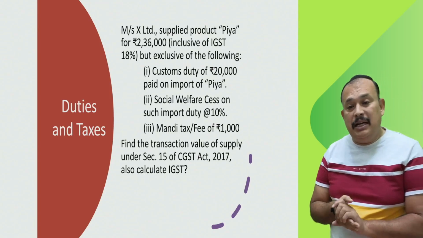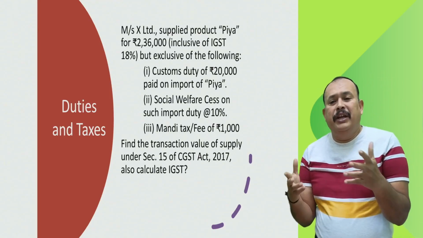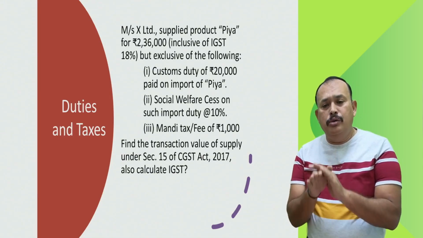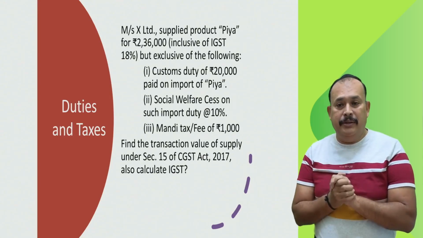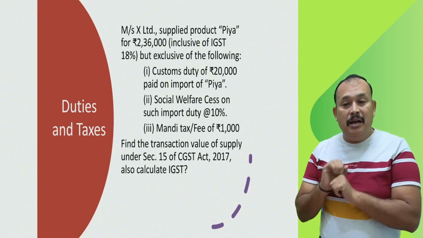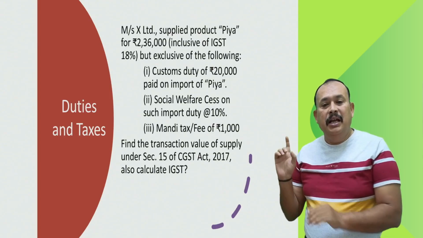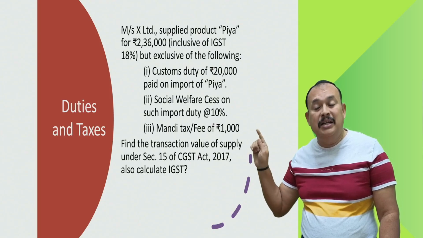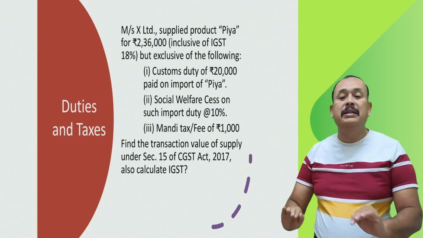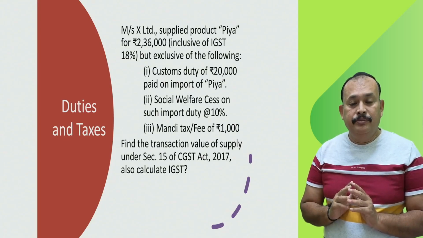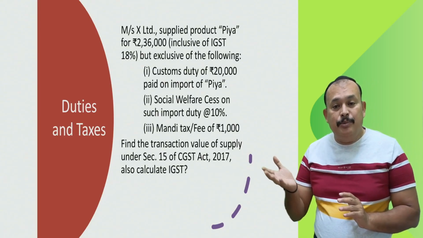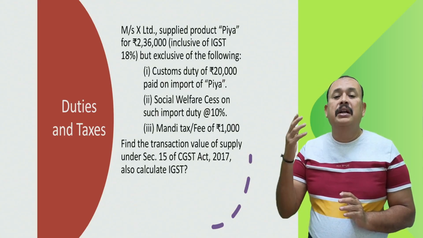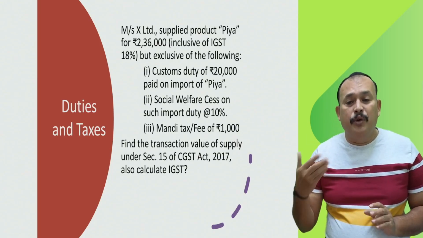Also calculate IGST. Now as per section 15 subsection 2 clause A, we should include all duties and taxes if not included. What is already included? GST taxes. Here GST is included in the given value of 2,36,000. We should eliminate the GST and add customs duty of rupees 20,000, and social welfare surcharge of 10% of 20,000, which is rupees 2,000.